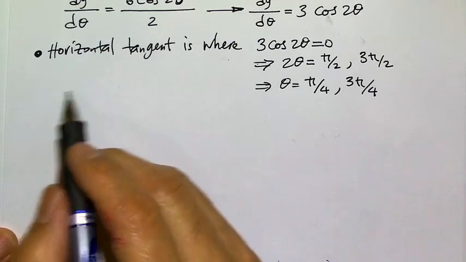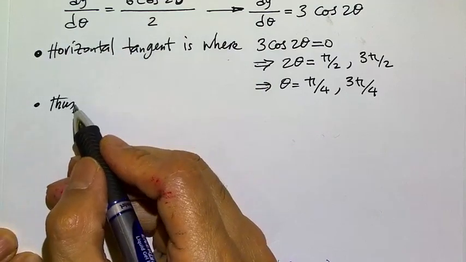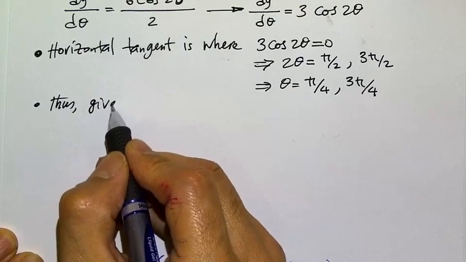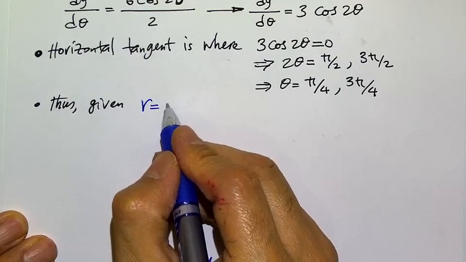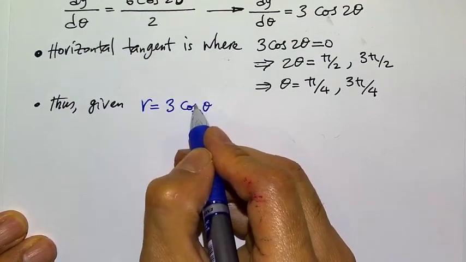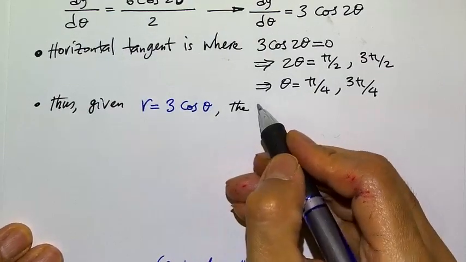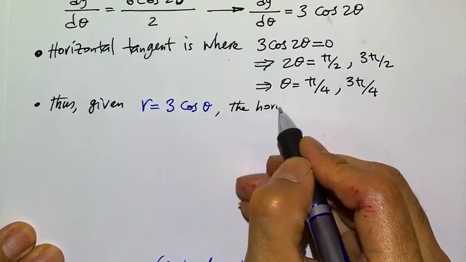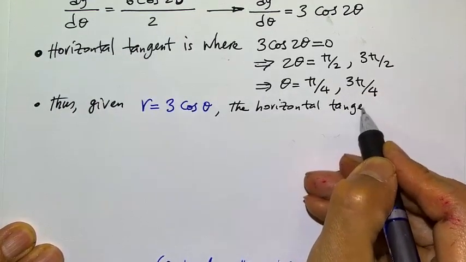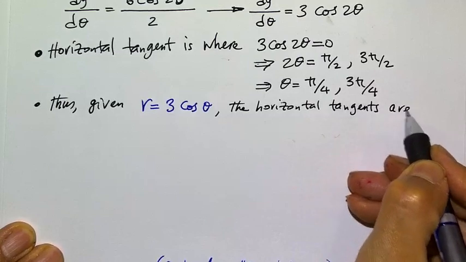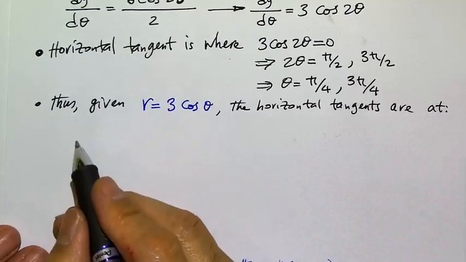So thus, given this equation that we have from the beginning, r equals 3 cosine of theta, let's calculate them.